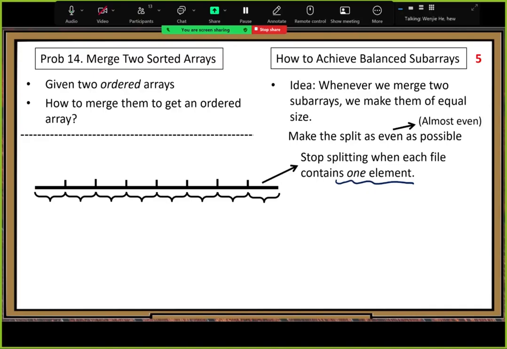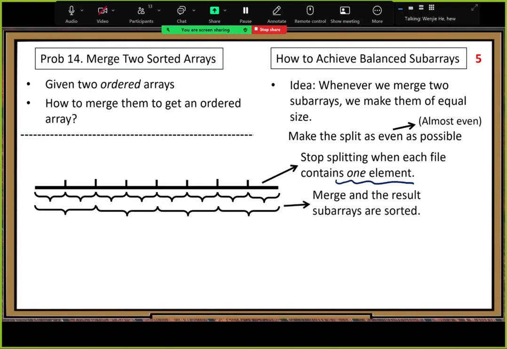Now, first round merge from the bottom level. You just merge two adjacent subarrays. Next round, because your ordered subarrays become larger and larger, you merge two ordered adjacent subarrays to get larger ordered subarrays.